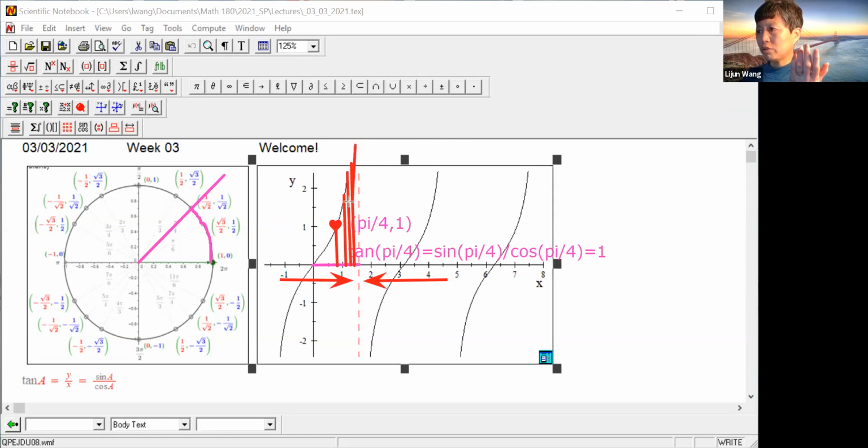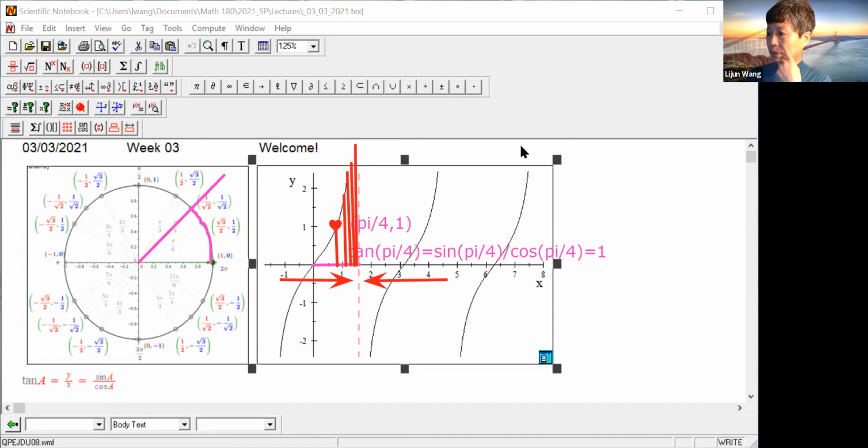As we get closer and closer to pi over 2, what will happen? It shoots to infinity. Do you guys follow me? Remember we did a similar study for e and for log, right? Now in calculus class, you're going to be studying these, and it gets more complicated.